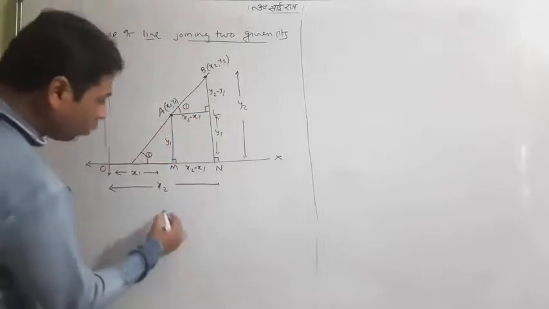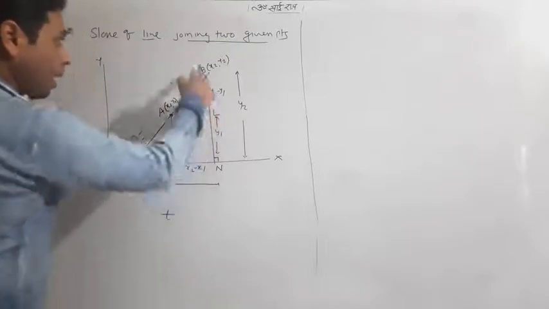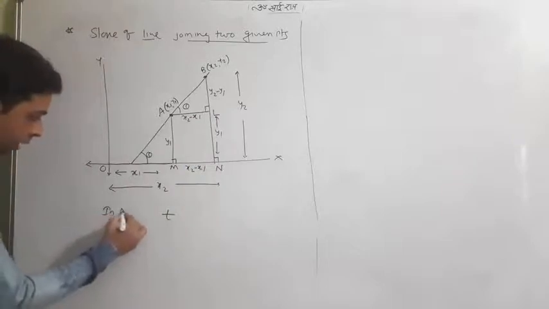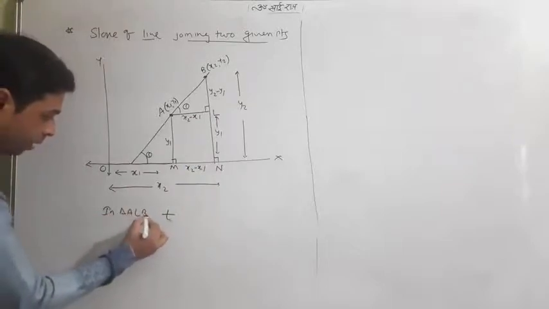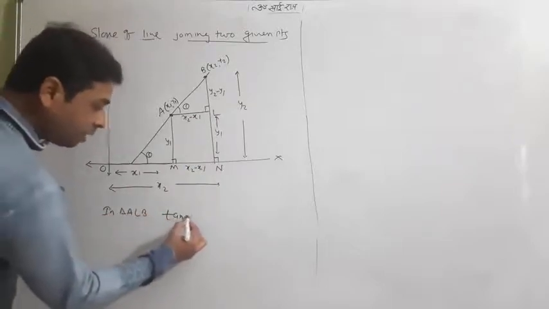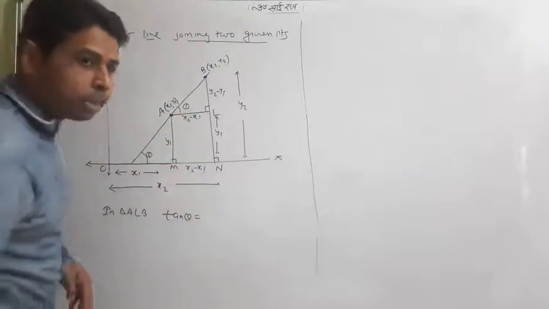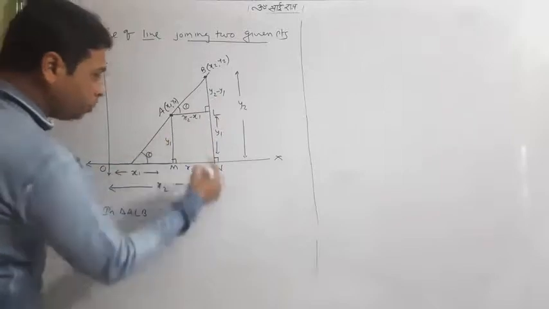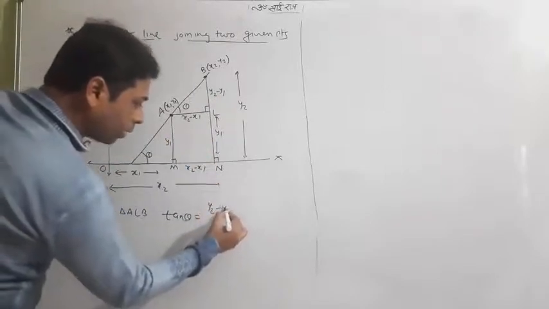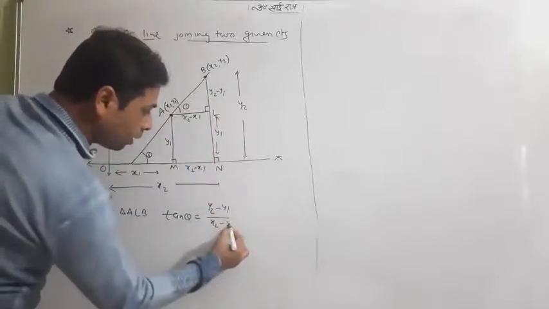So in triangle ALB, tan theta is equal to perpendicular upon base, y2 minus y1 upon x2 minus x1.